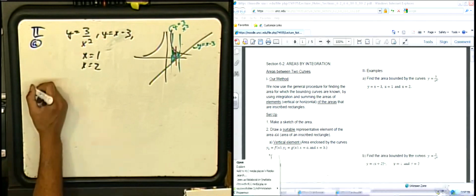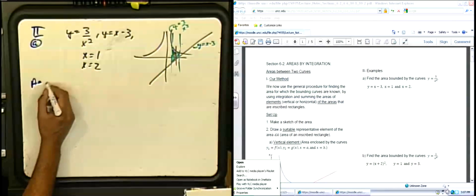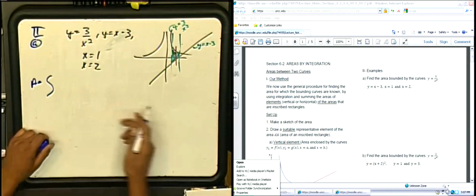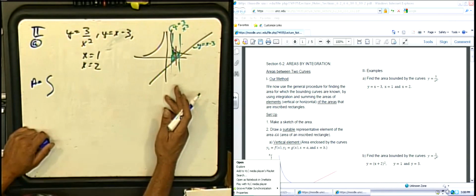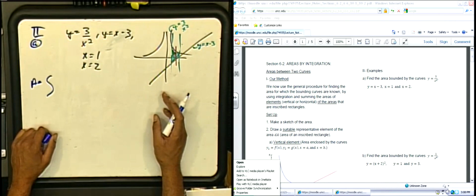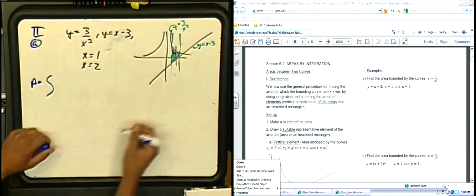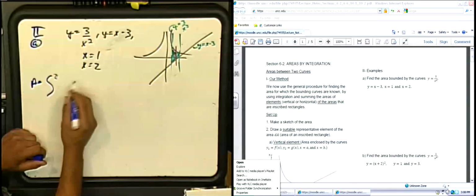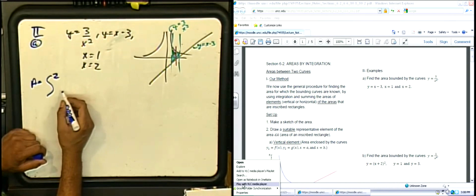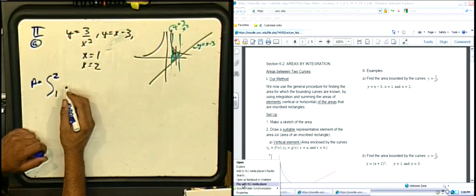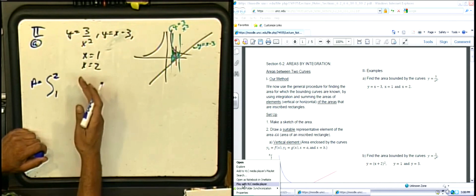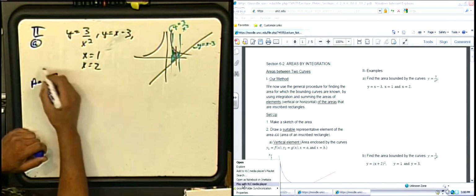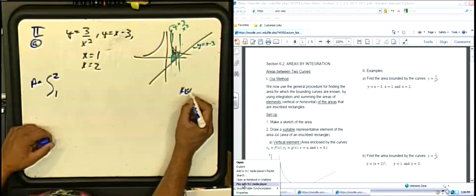Write the equation. Area equals summation of the upper limit or higher limit, which is 2. Lower limit, 1. Upper minus lower or high minus low.